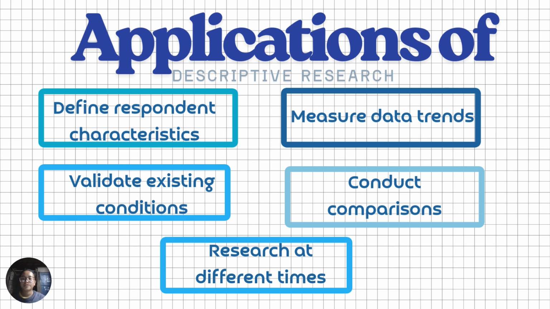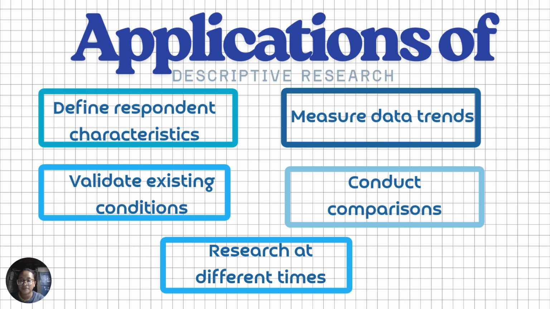As we all know, descriptive research is very useful because it helps us understand trends and patterns. For example, schools can use it to define student characteristics like age, gender, or study habits.